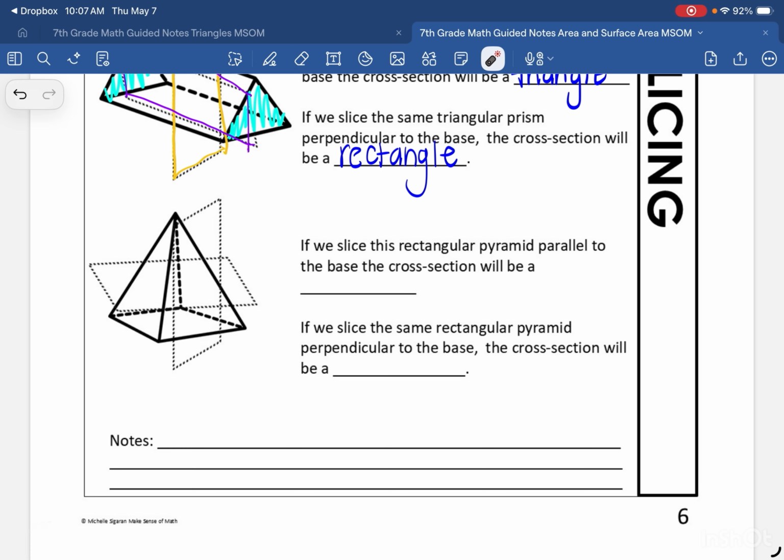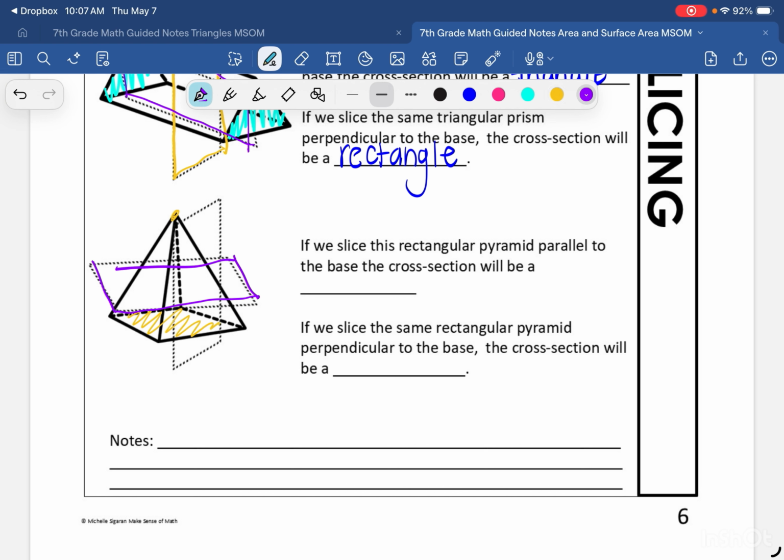Okay, down here at the bottom for this rectangular pyramid. If we slice this rectangular pyramid parallel to the base, so what is my base? Here's my apex, here's my base. So if I slice it parallel to the base, so right here, kind of like cutting it in half horizontally, the cross-section will be a rectangle or square, since we know that's a square, but we'll write a rectangle.